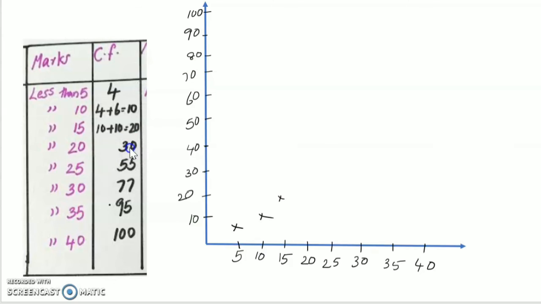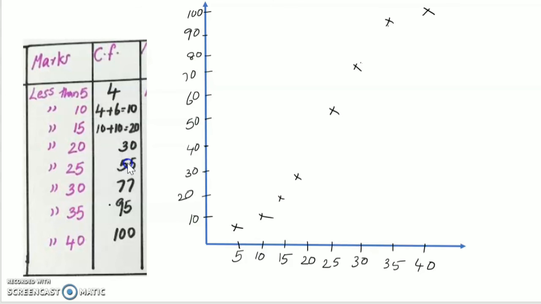Corresponding to 25, it is 55, I have to mark 55 here. Then corresponding to 30, I am marking 77. And corresponding to 35, it's 95. So I am marking that here. And corresponding to 40, that is 100.